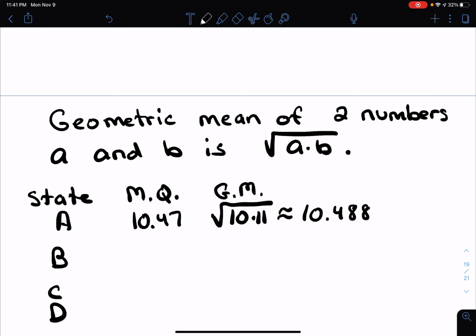Now, since the modified quota is 10.47, which is less than the geometric mean, then we're going to round down to 10. We're going to use that modified lower quota.